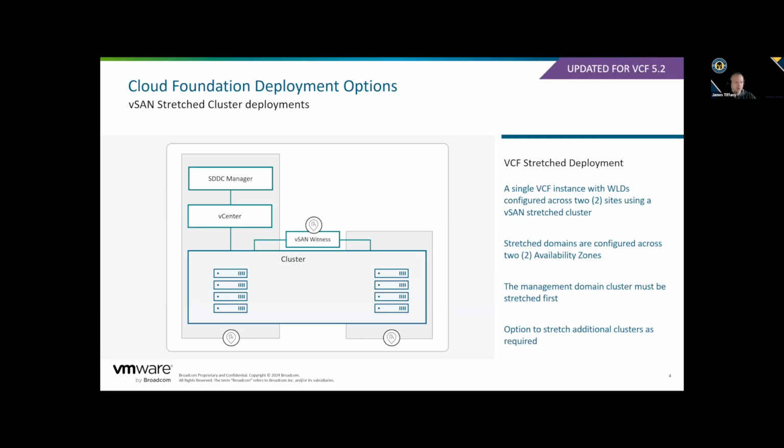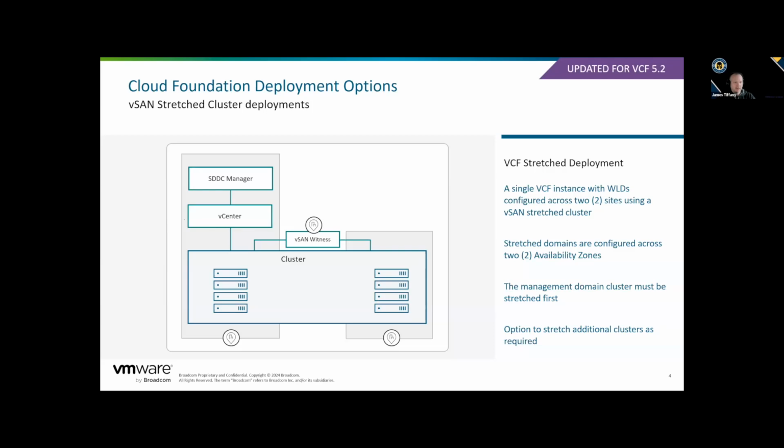So the reason you talk about things like that is, as part of the design, you would need 4 hosts in each site. That's the minimum requirement for management. That's the 4 nodes. And then to stretch it, you have to have the equivalent on the other side. So as a minimum, you would need 8 nodes for the management.